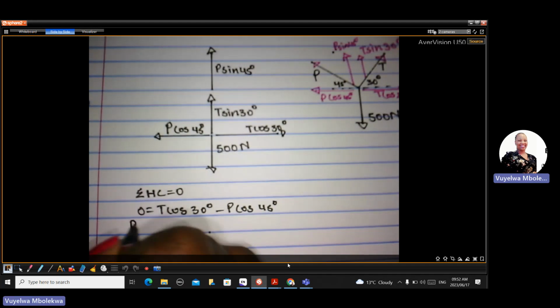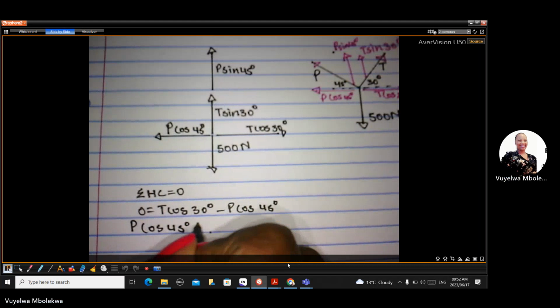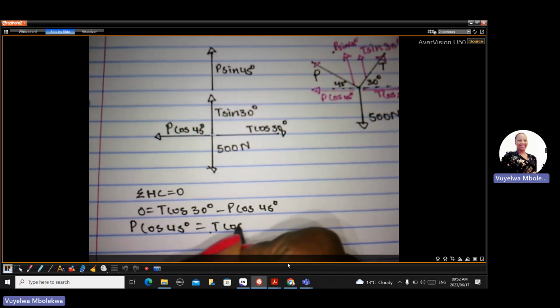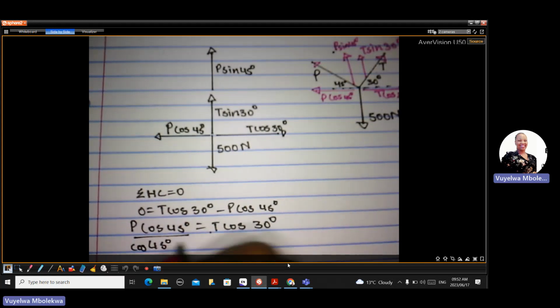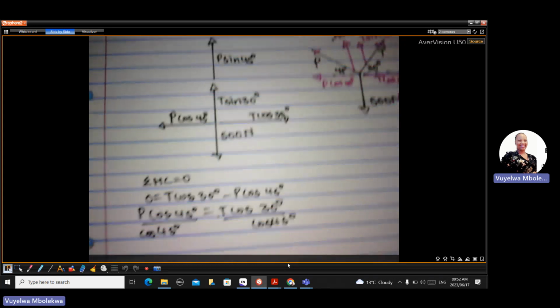So here we can bring P this side: P cos 45 equals T cos 30. Then we can make P the subject of the formula by dividing cos 45 on both sides.